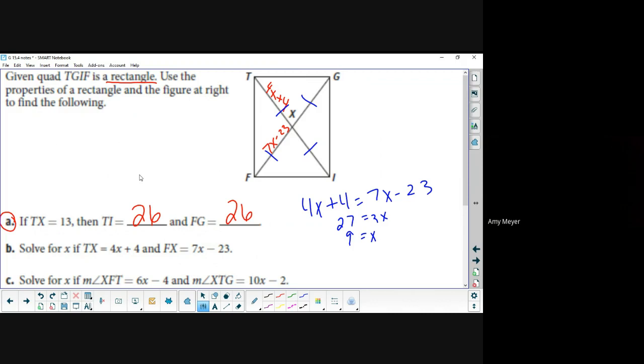It says solve for X. Questions on A or B? All right, erase your picture. We have 1 left. Go ahead and label what it tells you for C.